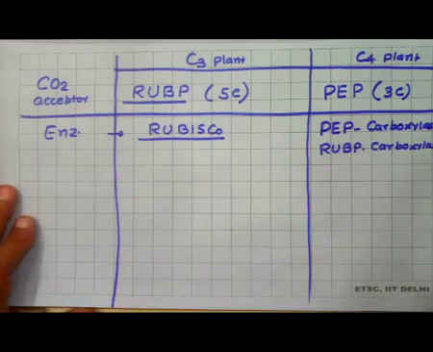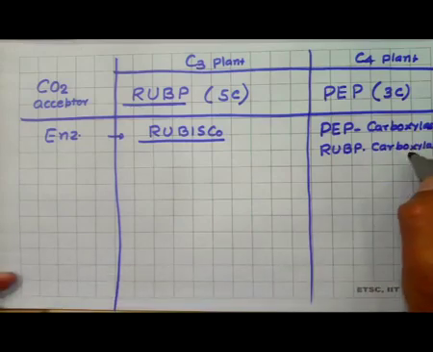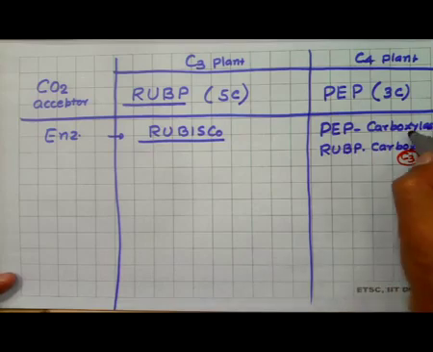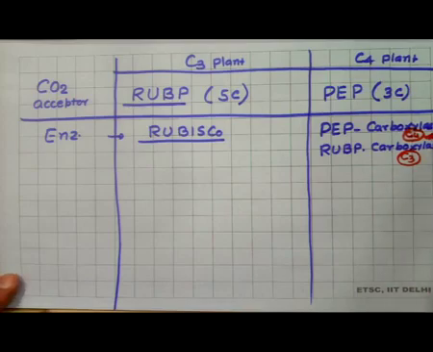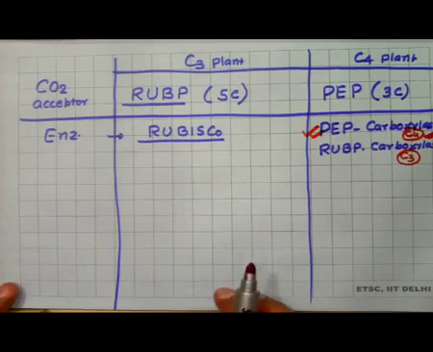Because in C4 plant we have already seen the C3 cycle is operated in the bundle sheath cell and the C4 cycle is operated in the mesophyll cell, where the enzyme required is PEP carboxylase.